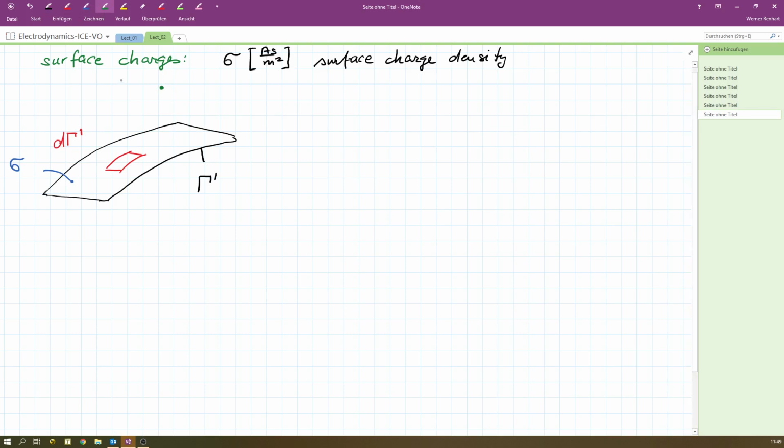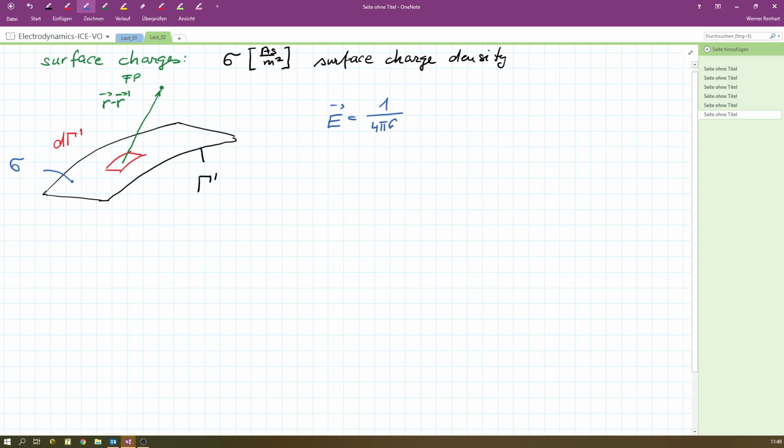This is the field point with the separation vector r minus r prime.